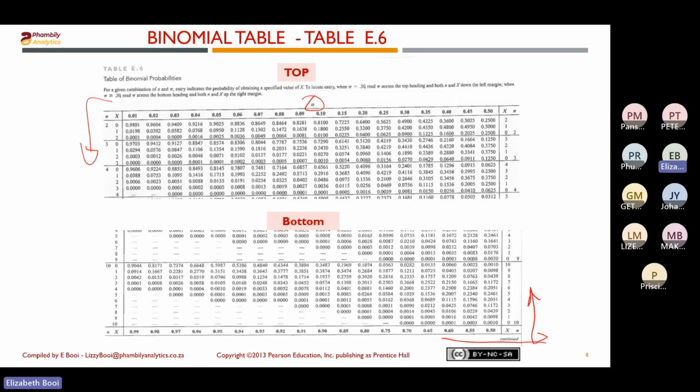If your probability of success is between 0.5 and 0.99, then you need to read the values from the bottom of the table up using the n and the x observation on your right. I hope this makes sense to you based on my explanation. The top goes with the left, the bottom goes with the right.